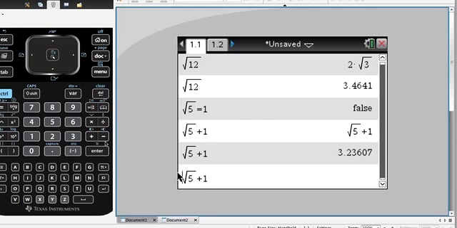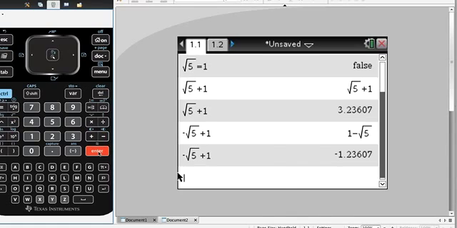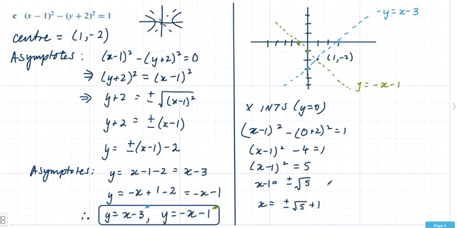Make sure I'm using the right one, and we'll approximate that. So negative 1.23 and 3.23, or 3.24. We'll just round it to 3.2 and negative 1.2. So they're going to be our intercepts.